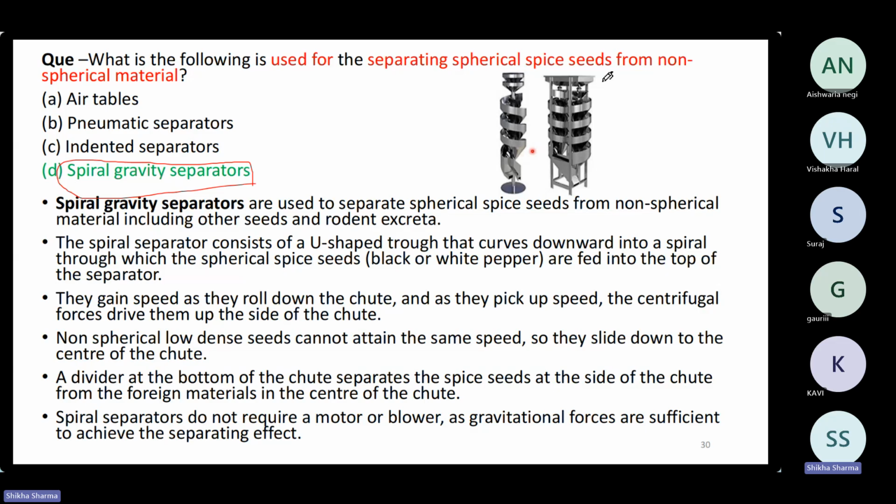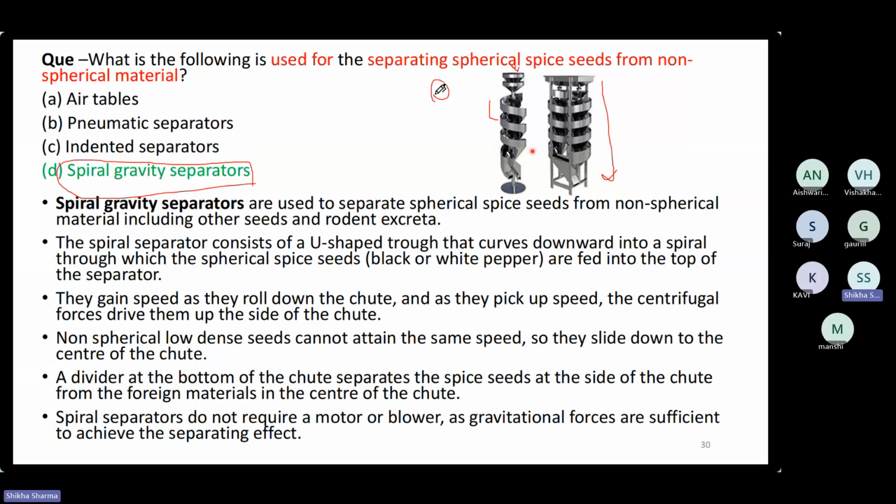This is a spiral gravity separator. When we put our feed at the top, because the round seeds are of round shape, they will come very quickly down the slope and collect fast. But the non-spherical materials will not come so fast to the bottom, and they will collect separately.